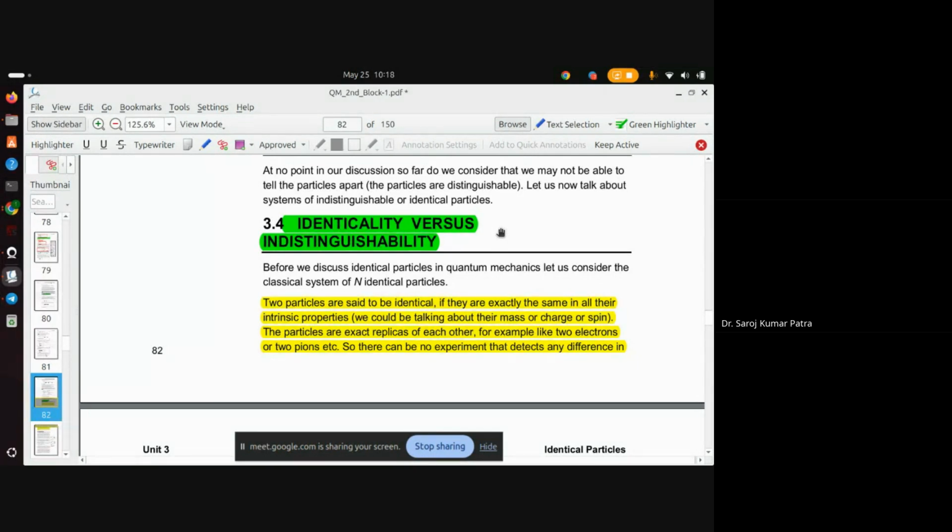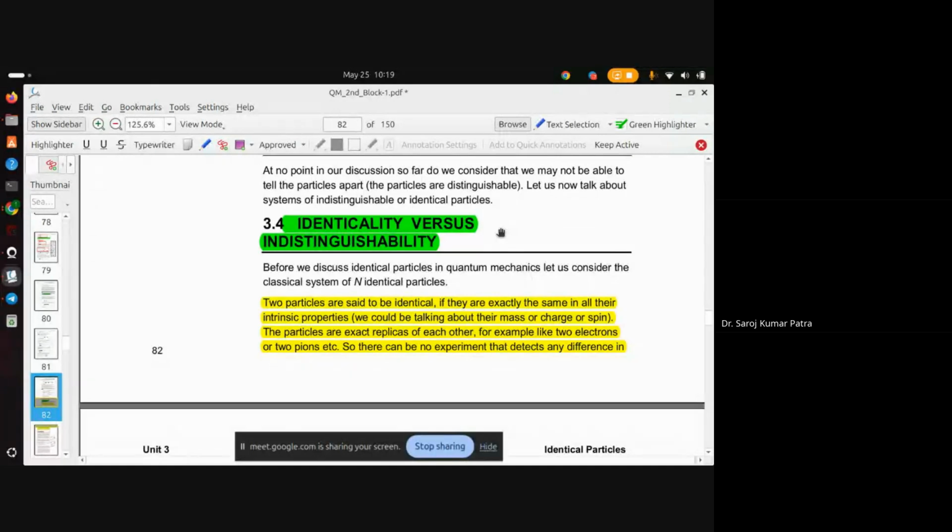Imagine you have five glasses, same size, shape, mass, color, everything. Or plates, let's say plates, a day-to-day life example.